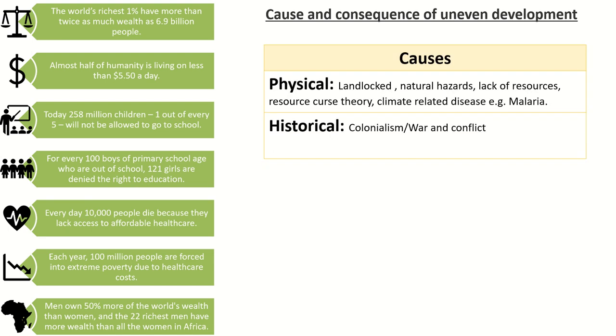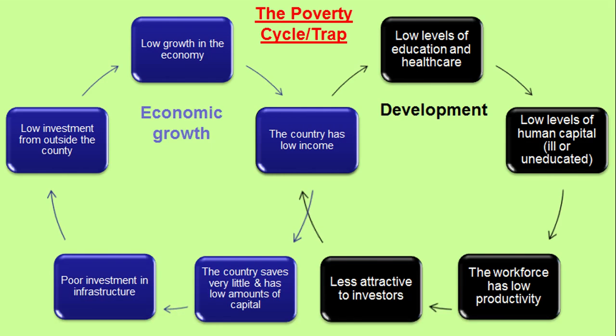But why has this happened? What are the causes? Well, for physical reasons, it's things like the country being landlocked. In other words, if it is landlocked, it has no access to the ocean, so will have difficulty trading and getting inward investment for that country. If it is in a tropical region, they can get diseases such as malaria. If we get malaria, there's less people in work, there's more kids missing education, it leads to that cycle of poverty again.